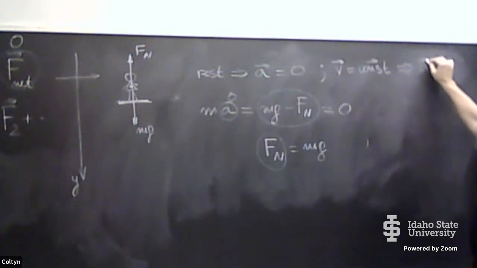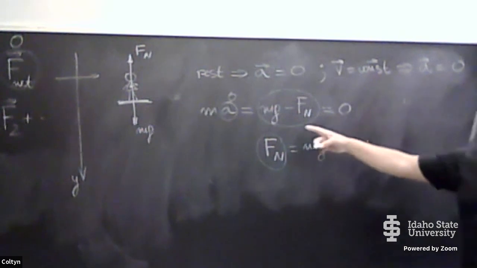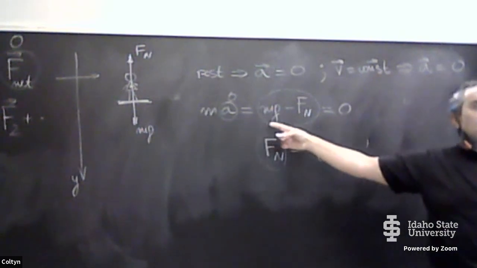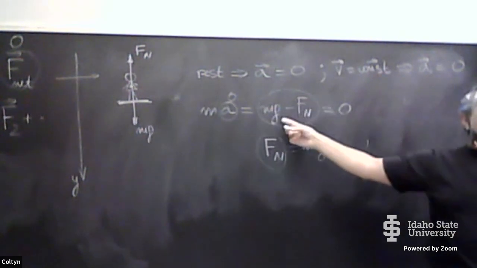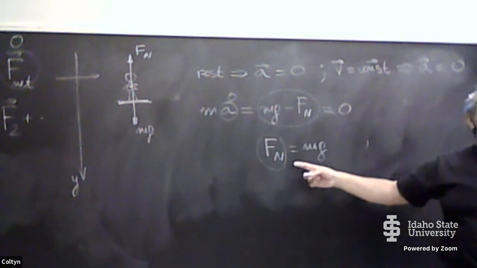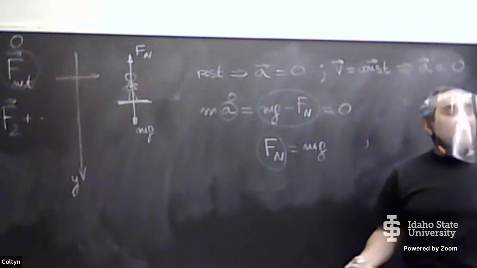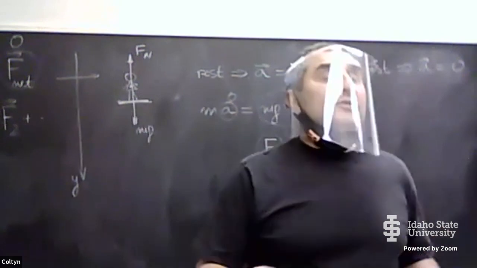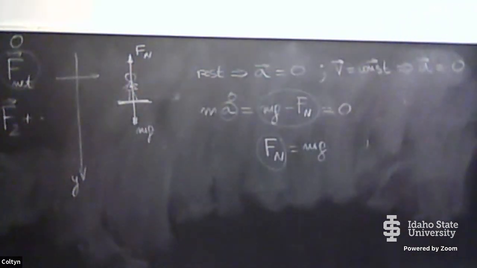The acceleration would be 0. And therefore, again, the same Newton's second law is going to lead to normal force equal to mg, and you're going to feel your usual weight. No surprise.